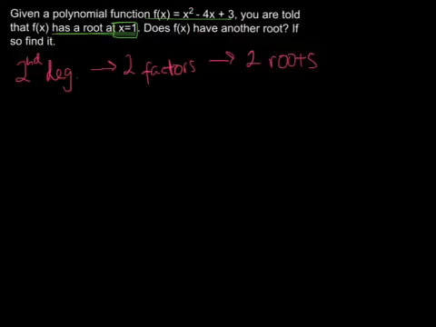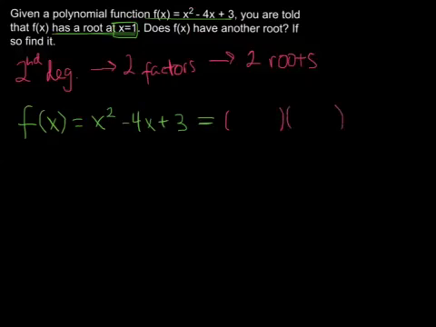So what does that mean? Well, f of x is equal to, of course, x squared minus 4x plus 3. And that's not in factored form, right? Here I've expanded it all out. But if I were to write it in factored form, how many factors will it have? It will have 2 factors.